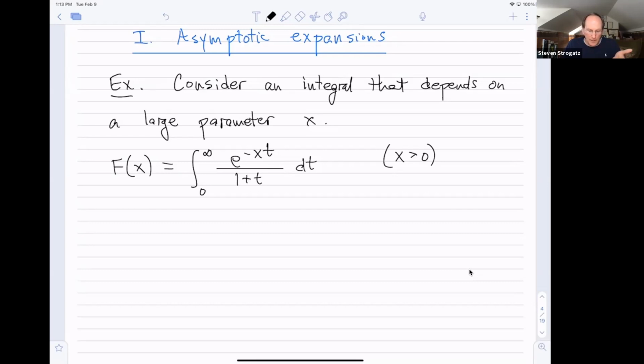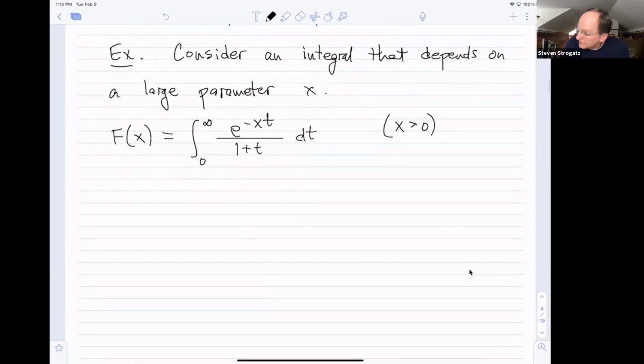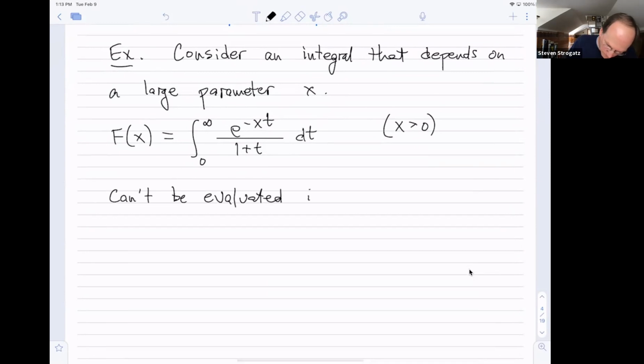And the reason we're looking at this with an asymptotic method is that you cannot evaluate this integral in closed form in terms of elementary functions.